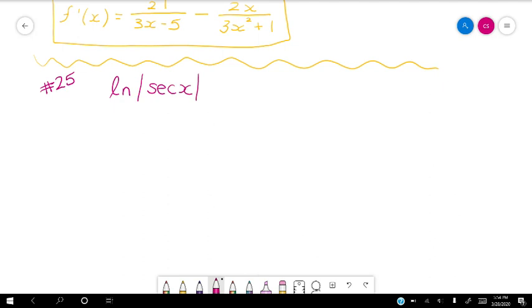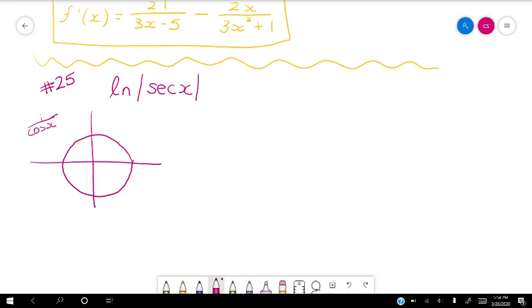Okay, so if you guys remember our strategy for absolute value when we're finding derivatives or we're taking limits, and remember a derivative is a limit, we separate it out into 2 rules, right? We have to figure out where the x makes the secant positive and where x makes the secant negative. And so I think trig is very visual, so let's go back to our unit circle. And secant is 1 over cosine, right?